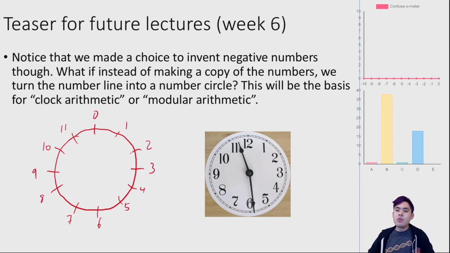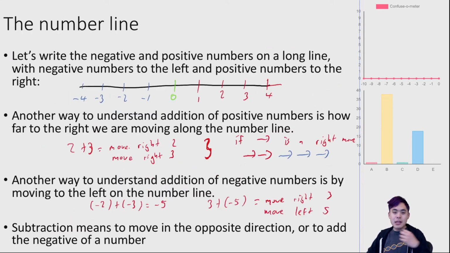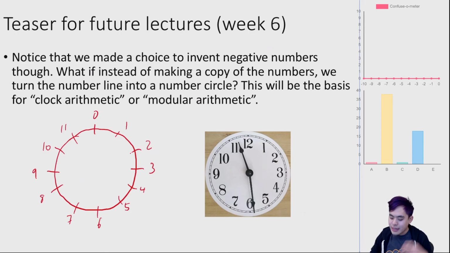But the nice thing is, once we've defined the number line, and defined addition and subtraction by moving to the right and moving to the left, then all of a sudden we can have some idea of what addition and subtraction mean.